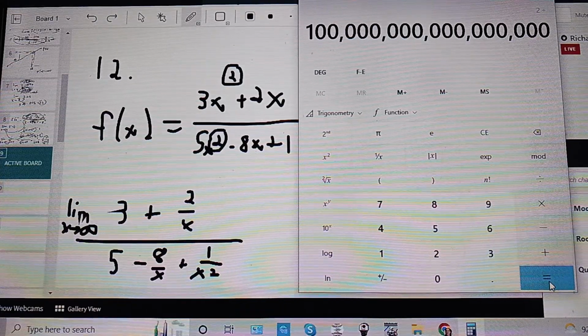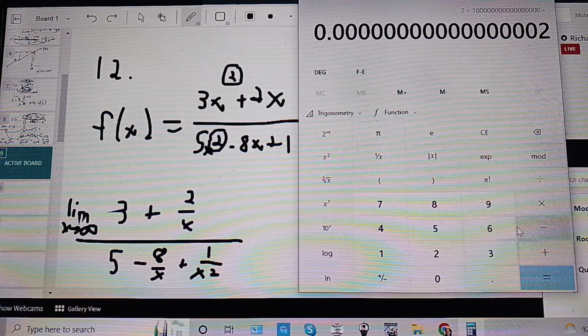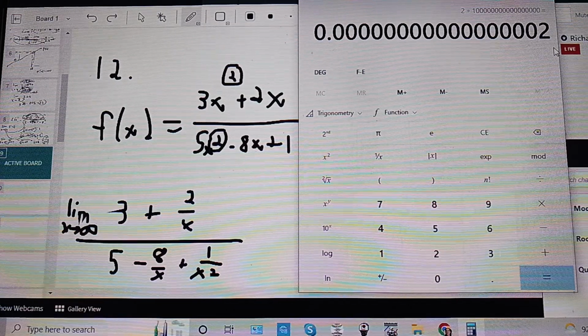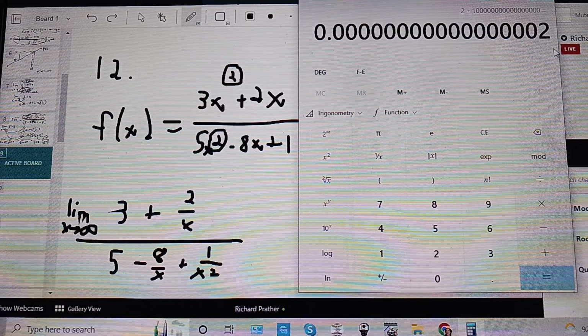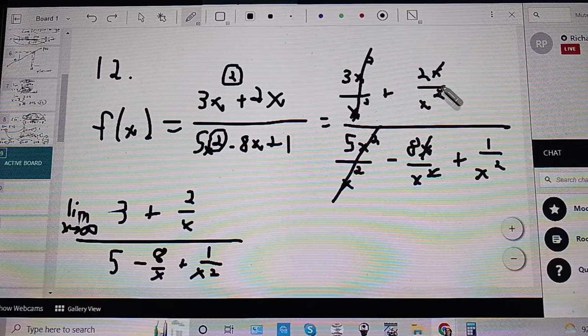That's what going close to infinity means. Then you get 0.000000000002. So infinity means the zeros go on forever and ever. So you're getting extremely close to 0, enough to say that that's 0.